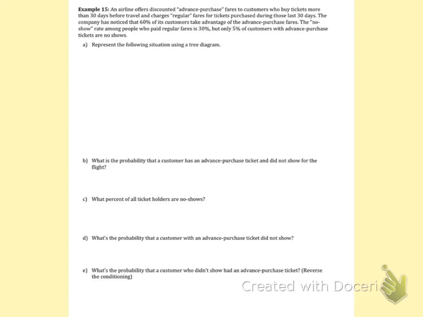So we have two categories here. We have advance purchase fares and regular fares. So I'm actually going to type this in purple here. So we have the advance and we have the regular fares.